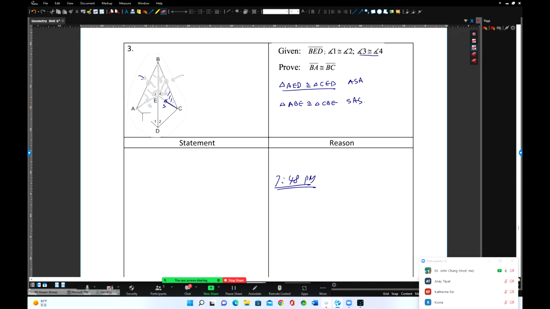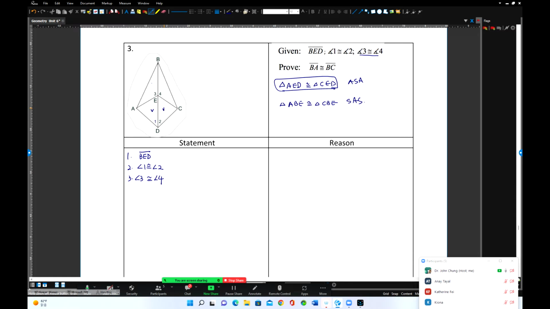Okay, now using BED, the straight line, and angle 1 congruent to angle 2, and angle 3 congruent to angle 4, we're gonna try to prove these two triangles are congruent: triangle AED and triangle CED.